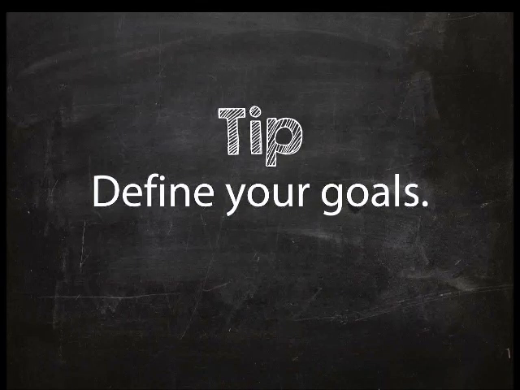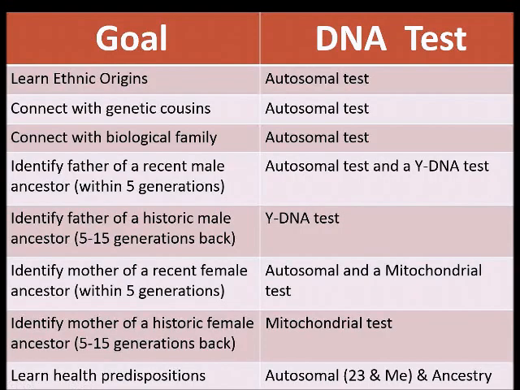But before you test, you need to define your goals. If your goal in taking a DNA test is to learn about your ethnic origins, go with an autosomal. If you want to connect with possible genetic cousins, take the autosomal.